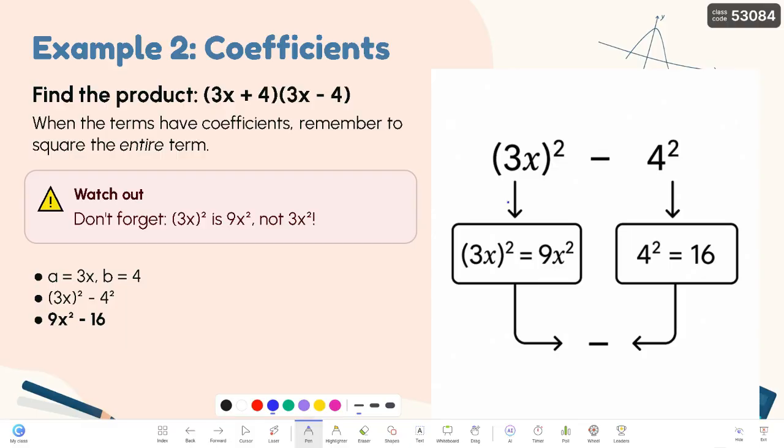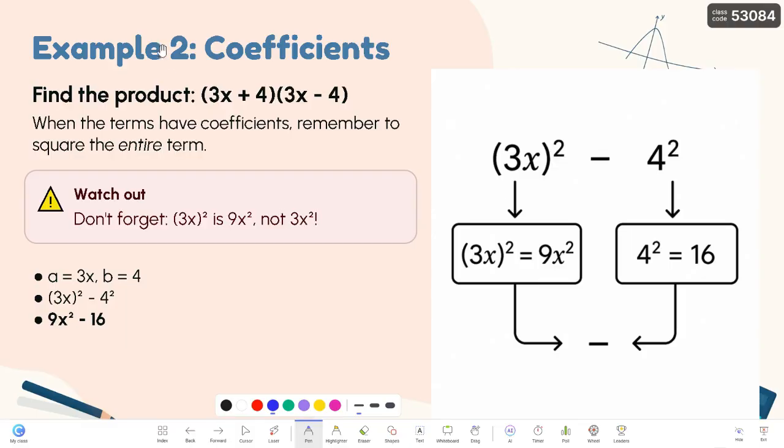So here's another example which looks a little bit different, with more coefficients. Here we are given 3x plus 4 and 3x minus 4. You can easily notice that the first binomial is the same as the second binomial, except we have positive here, and on the second one we have a negative sign.